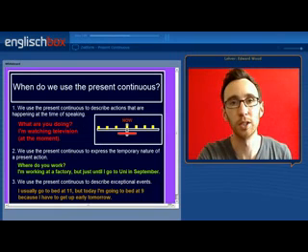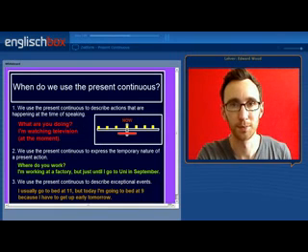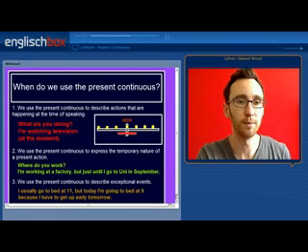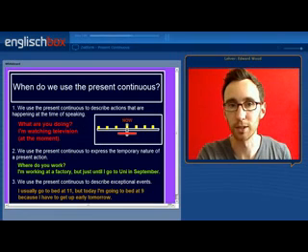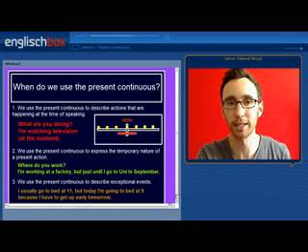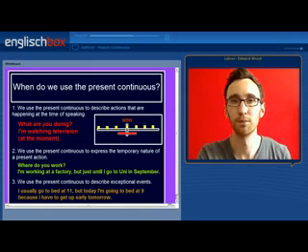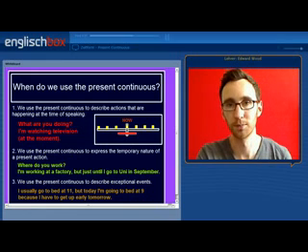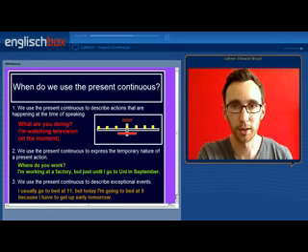So when do we use the present continuous? The first situation, we use the present continuous to describe actions that are happening at the time of speaking. What are you doing? I'm watching television at the moment. Here on the diagram, this is the red action.